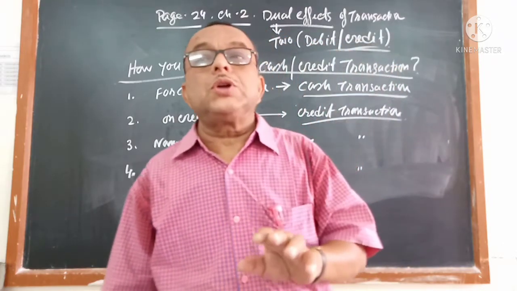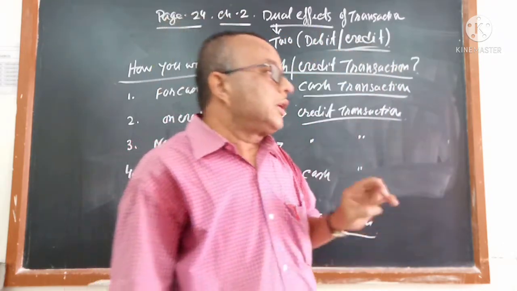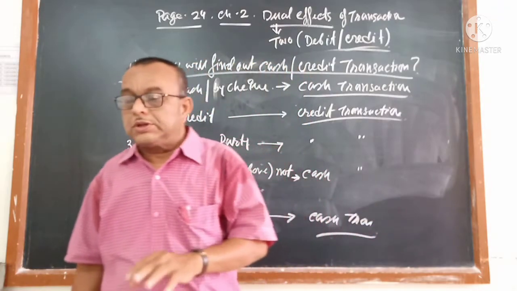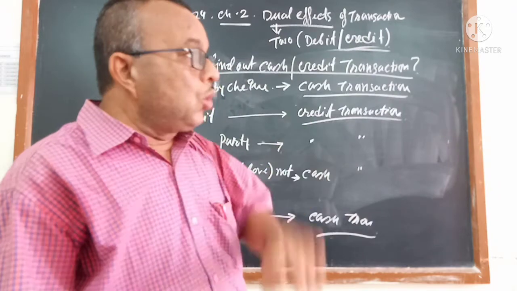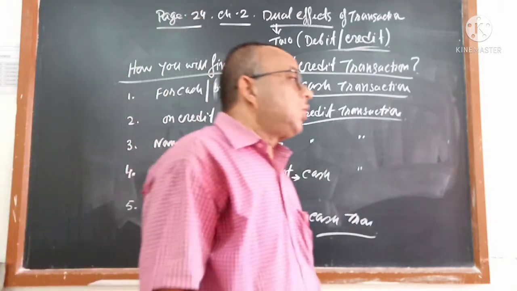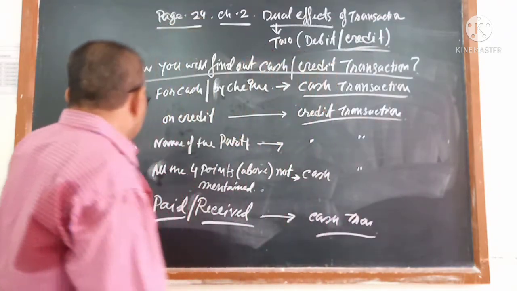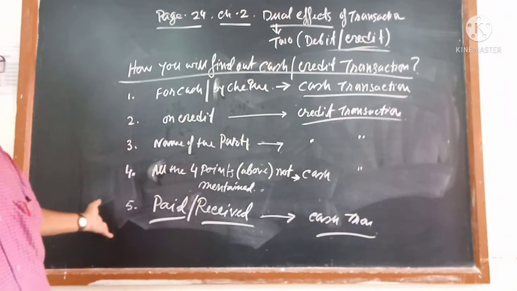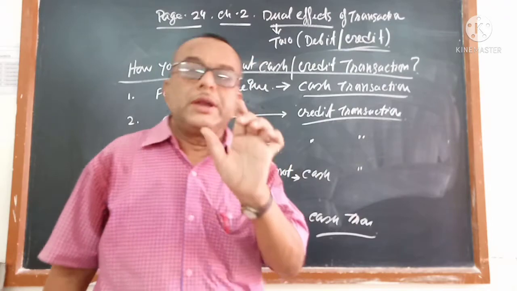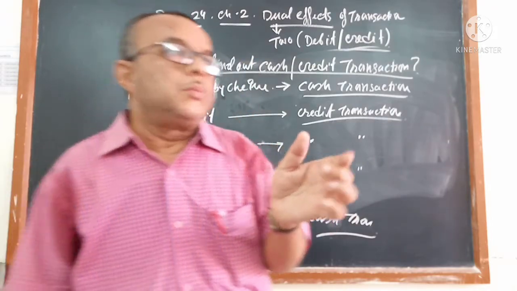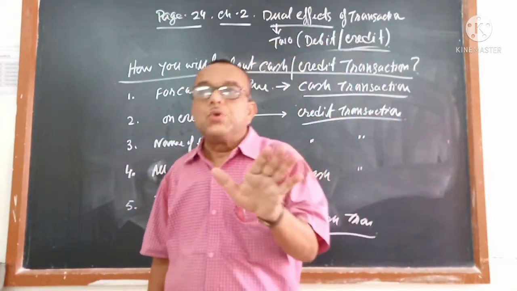But before finding out the dual effect, you should know whether it is a credit transaction or a cash transaction. To know this, these are the points you have to remember, because a transaction is nothing but an English sentence formed by a few words.